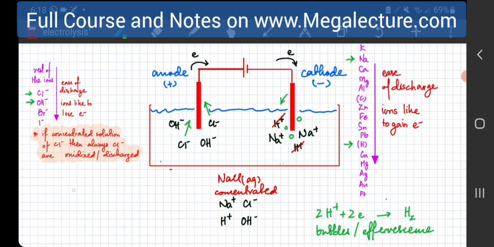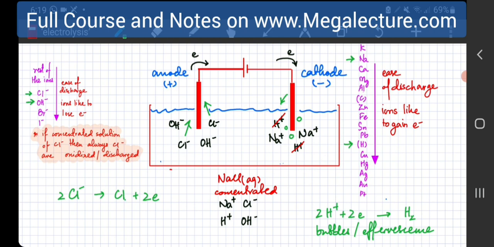So the equation for Cl-1: it has one extra electron, so it's going to lose that one electron and form a Cl neutral atom. And group 7 Cl is diatomic, so it's always a Cl2 molecule, not a Cl atom. So I need to double this. I'm going to have two Cl ions. They're going to lose two electrons.